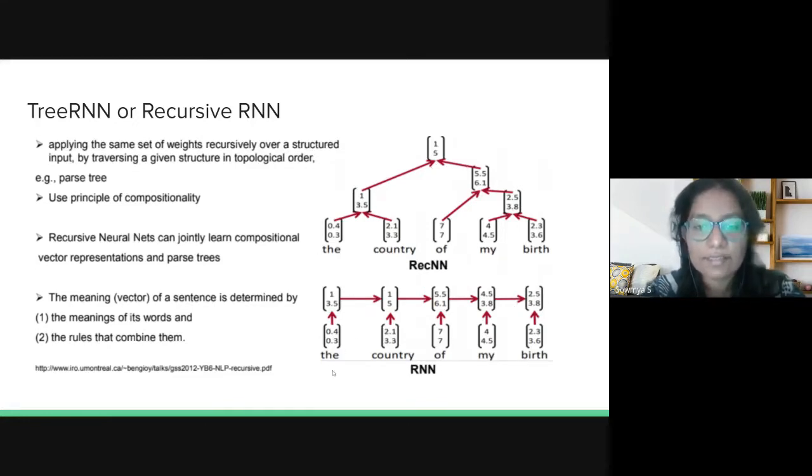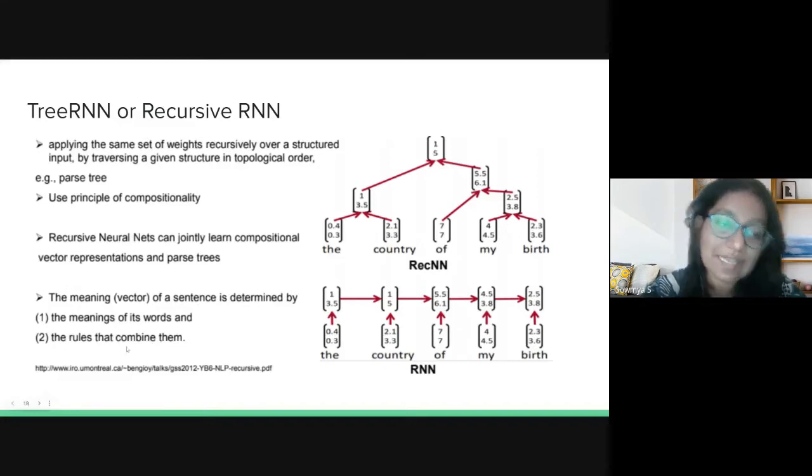So in an RNN, I would just have the country of my birth, with some input embeddings, and then I'll pass it on to my hidden state. In a recursive NN, I do it in a hierarchical fashion so that there's a sense of compositionality. And this brings out nice interpretations, like the meaning of the sentence is determined by the meaning of its words and the rules that combine them.